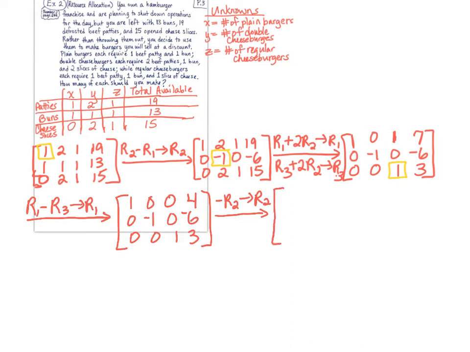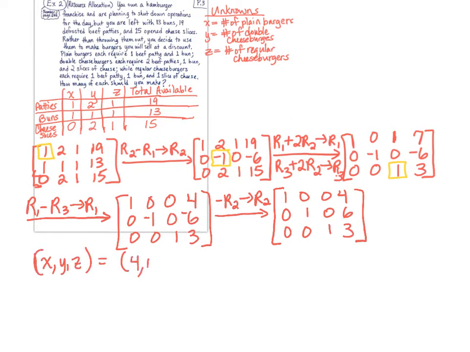And then our final matrix is going to be 1, 0, 0, 4, 0, 1, 0, 6, 0, 0, 1, 3. So what can we say? X, Y, Z equals 4, 6, 3.